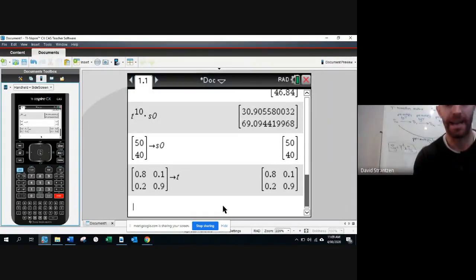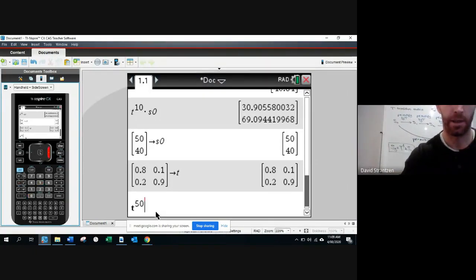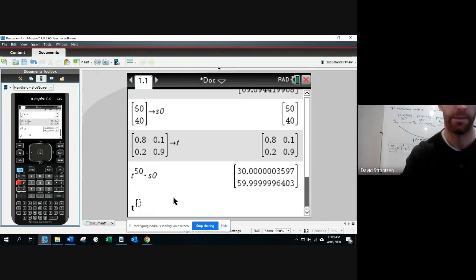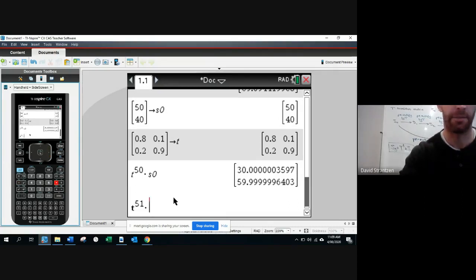Remember, to get S50 using our rule, we do T to the power of 50 times S0. And that's what we get for the number of cars in Bendigo and Colac, so basically rounding to 30 and 60. And if we do T to the power of 51, so they've got to be consecutive. I've got to do 2 states that are next to each other, okay, 50 and 51.